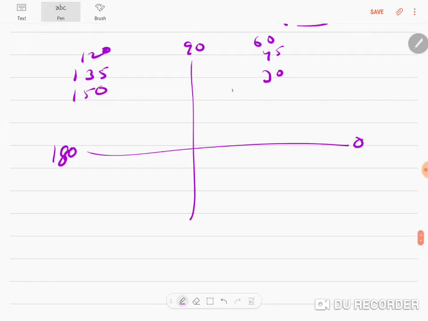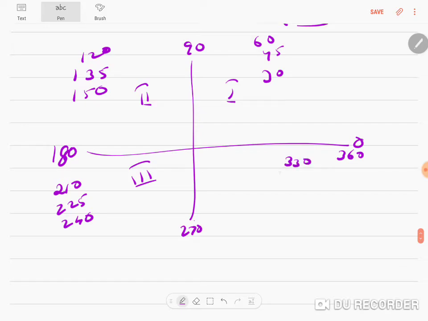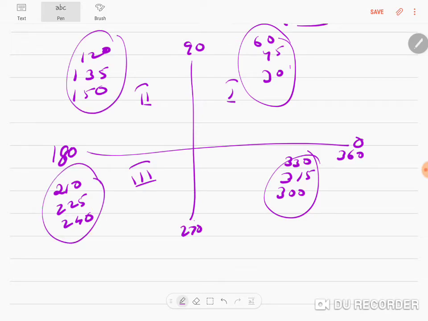A third quadrant angle: 210, 225, 180 plus 60 is 240. A fourth quadrant angle, between 270 and 360, you can write 330, 300° or 315°. So thus you can readily give examples of first, second, third and fourth quadrant angles.